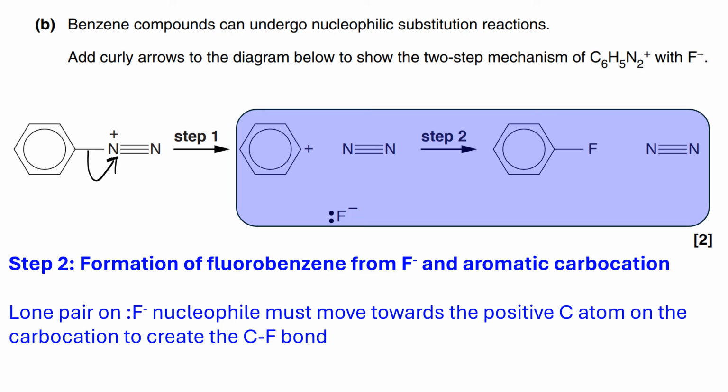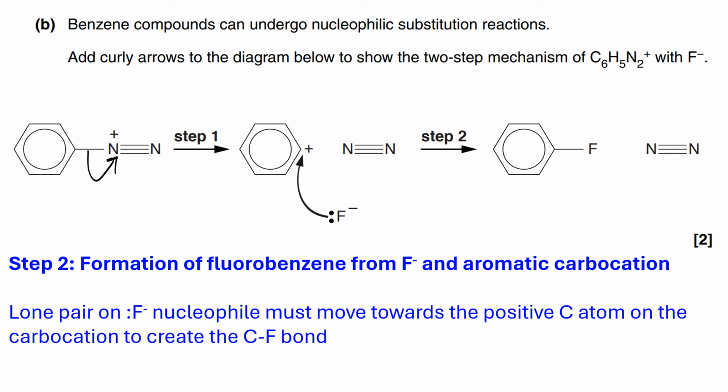So what has to happen here is the lone pair on the fluoride ion must move towards this positively charged carbon atom to create this CF bond. The nitrogen is no longer involved now because the nitrogen molecule has been created. So what you do is you pop that in there like so.